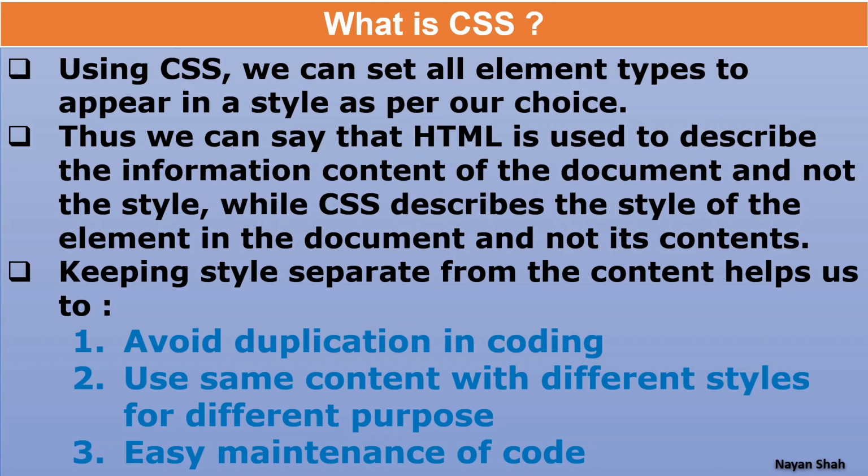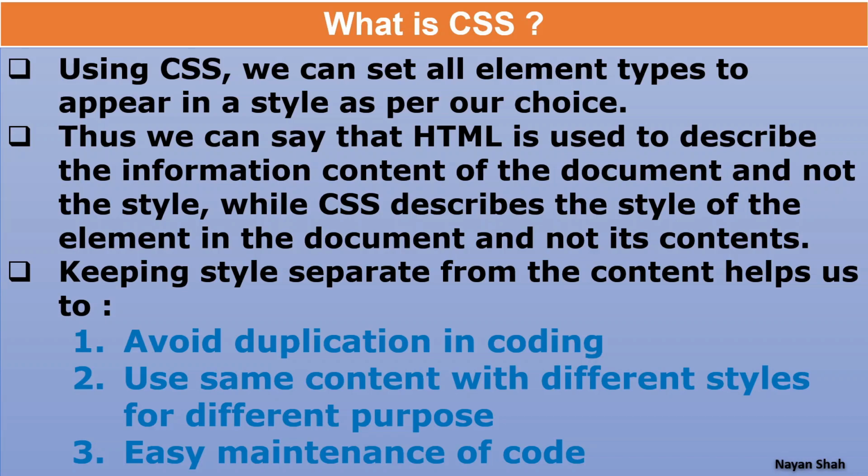So we can decide how we want particular information to be displayed by specifying its style. Thus normal HTML is used to describe the information content of the document and not the style, while CSS is used to describe the style of the elements in the document and not its content.